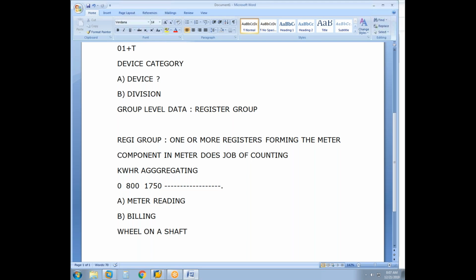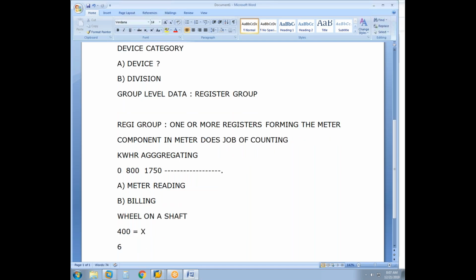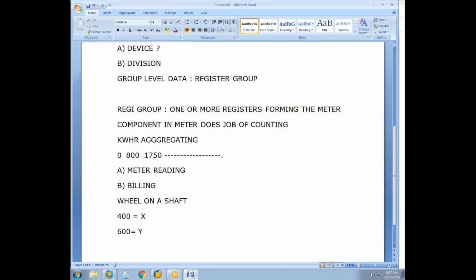So many revolutions per minute means so many kilowatt hours. Just for example, if it has done 400 revolutions in a minute, then x is the consumption. If it has done 600 revolutions in 1 minute, then it is y. That means as the number of revolutions increases, it translates to so many kilowatt hours, and that is what we are reading.